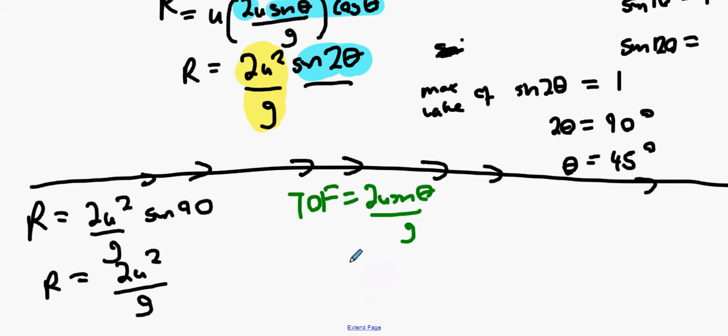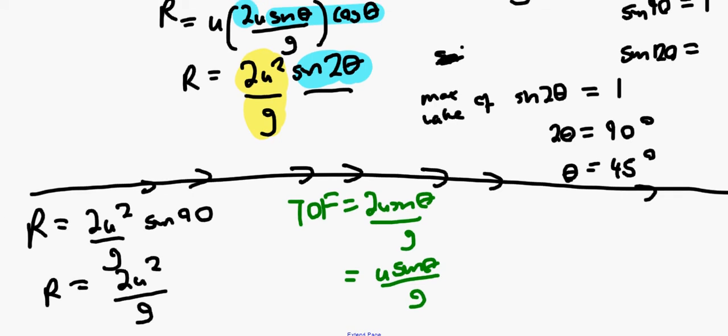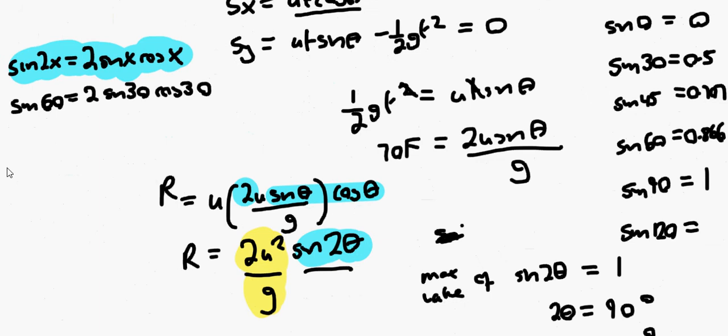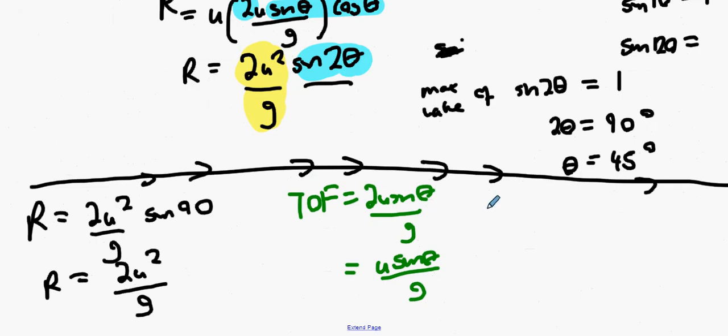Yeah. U sine theta all over g. Is that okay? Now, you need to insert that value into the Sy equation, and the Sy equation is here. Sy equals ut sine theta minus a half gt squared.